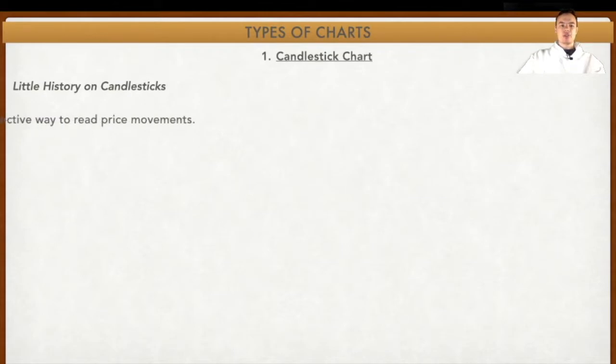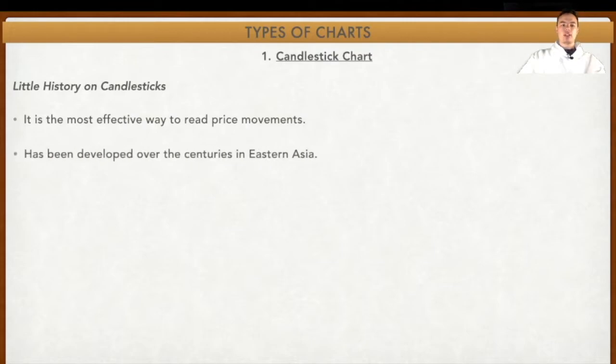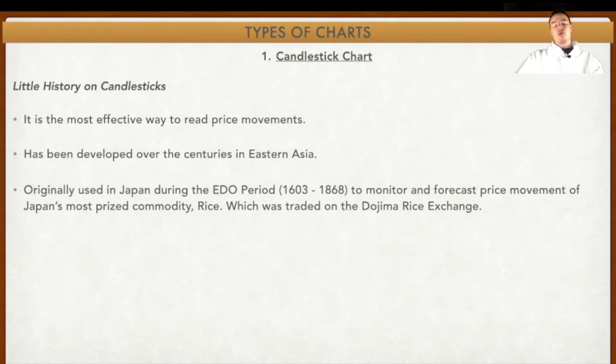So here's a little history on candlesticks. Most effective way to read price action, right? Developed over the centuries in Eastern Asia. Originally used in Japan during what was called the Edo period. This was from 1603 up until 1868. And this was to monitor and forecast Japan's most prized commodity, right?